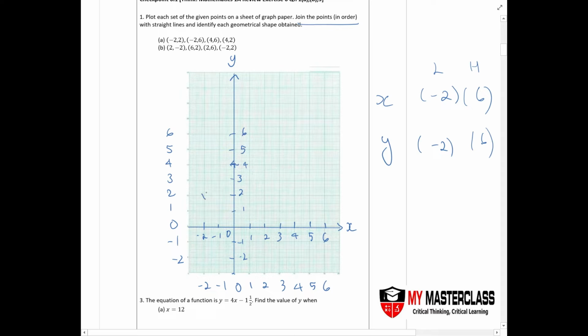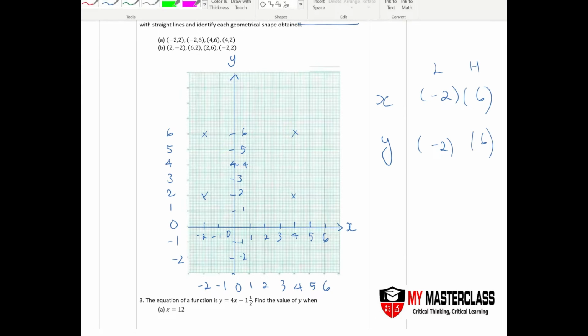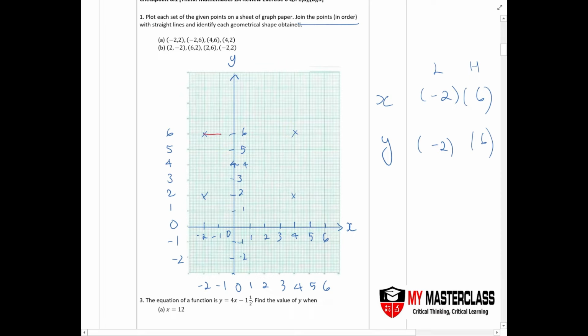You have (-2, 2), so you have 1 point here. You have (-2, 6), so you have another one here. You have (4, 6), so you have 4 and then 6, and you have 1 here, and you have (4, 2). Let me use the red pen to draw out the shape for part A. So this is part A.